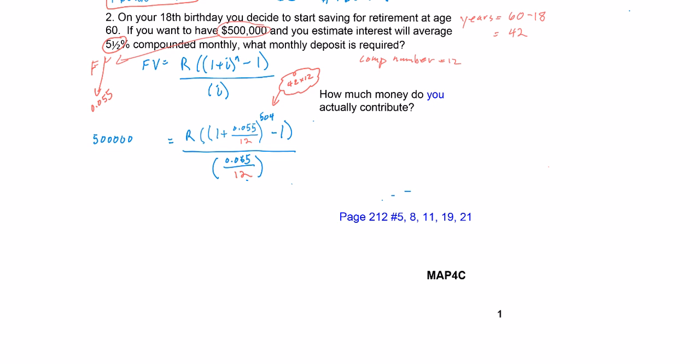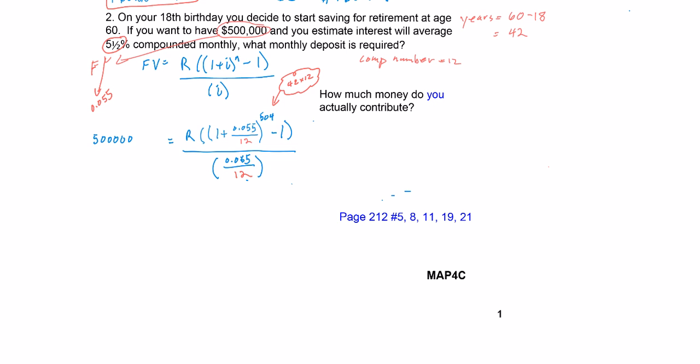Now, all we have to do is punch this bit into our calculator divided by this bit. So we follow: bracket, bracket, 1 plus 0.055 divided by 12, end bracket, raised to the 504, minus 1, end bracket, and then divide by bracket 0.055 divided by 12, end bracket.